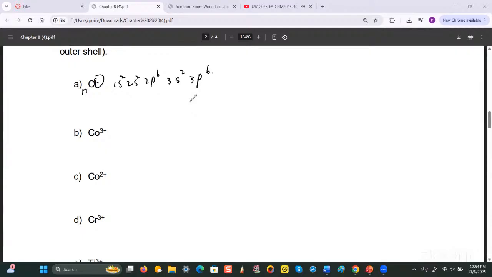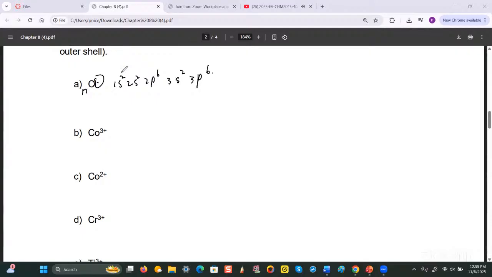Now, the question is also asking you to tell whether or not this obeys the octet rule. In other words, is this a configuration that is the same as a noble gas? Well, look at the nearest noble gas to chlorine. What's the nearest noble gas, or the nearest group 8 element, to chlorine? No, that's argon, not arsenic.